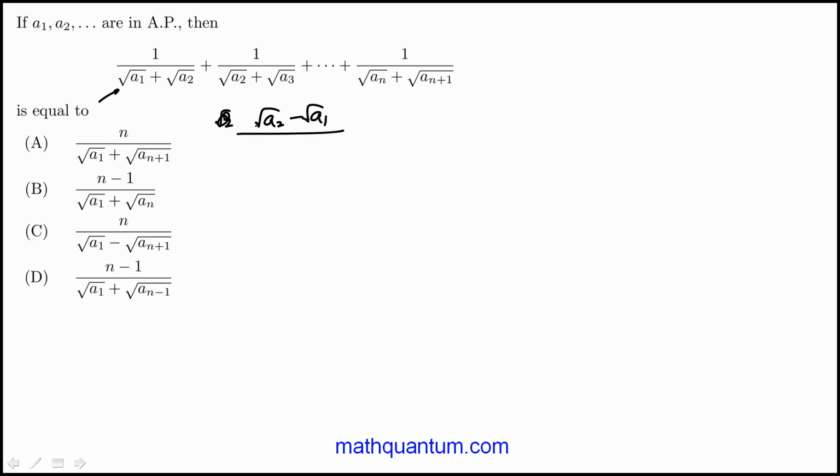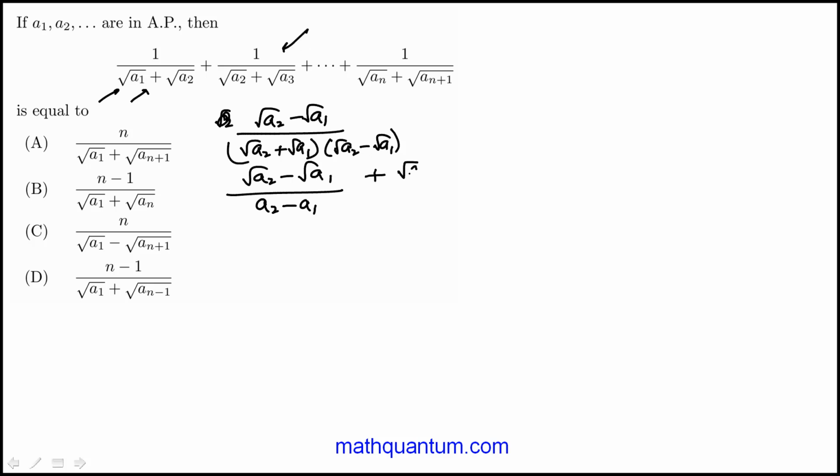So you multiply and divide by the conjugate of the denominator here. And what that will do is it will make the denominator a2 minus a1. Numerator remains the same. We do the same thing for the second term, and that would become root a3 minus root a2 over a3 minus a2.